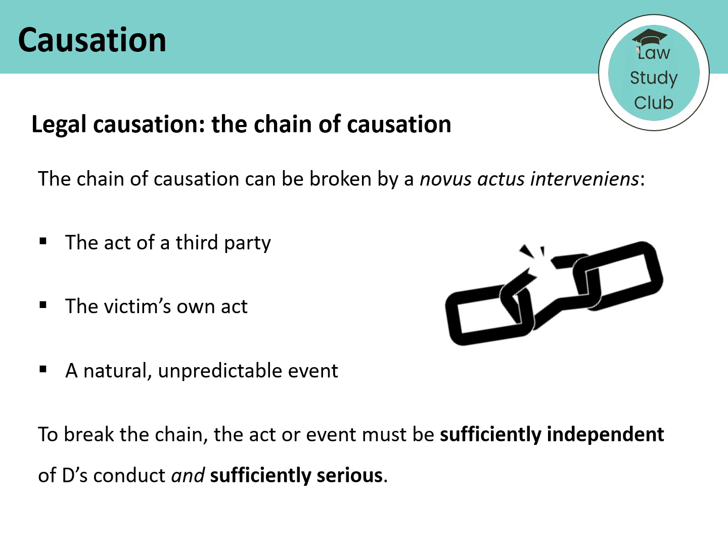In other words, it can't be a foreseeable reaction to the defendant's conduct, and it must be serious enough to overtake the defendant's liability. In our three examples, it's likely that none of the three, not the victim turning and falling off the curb, not the motorcyclist's actions, and not the flash of lightning, would be sufficiently independent of the defendant's conduct or sufficiently serious to break that chain of causation.